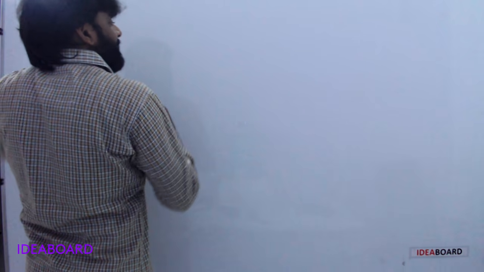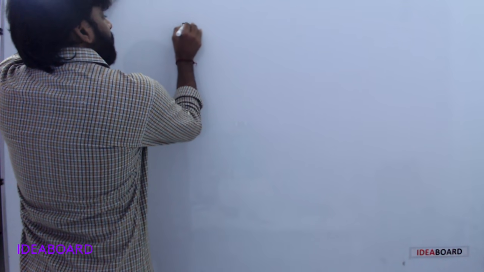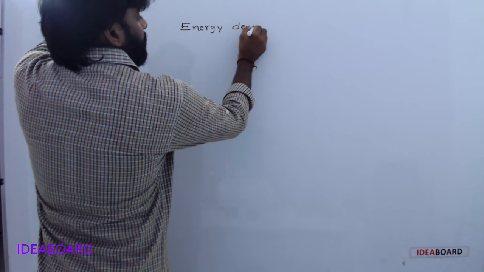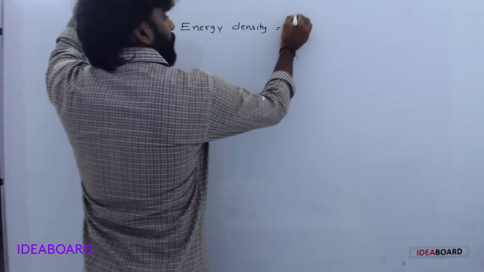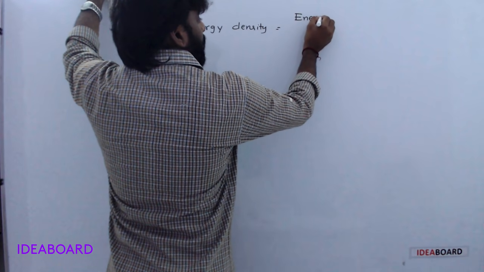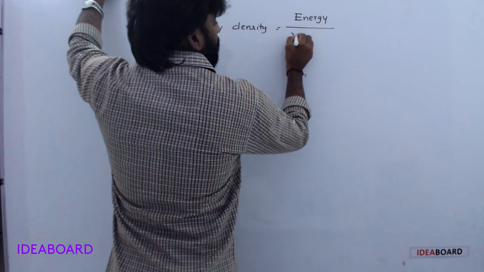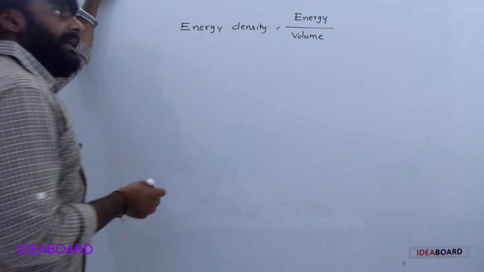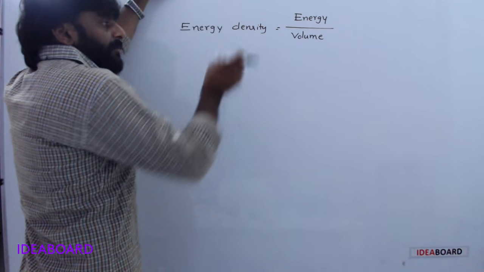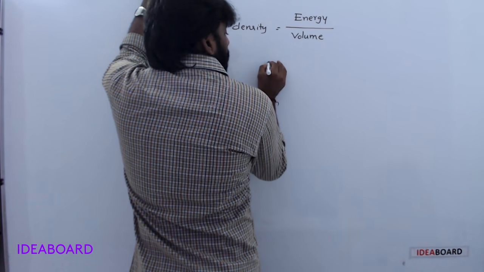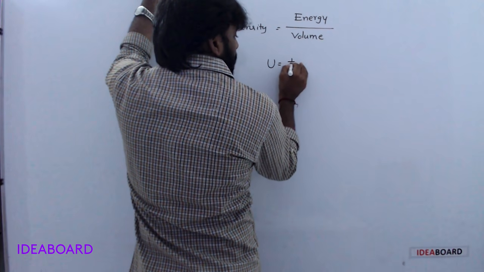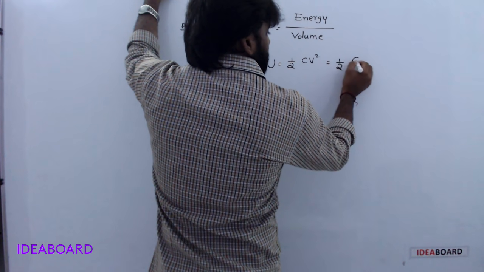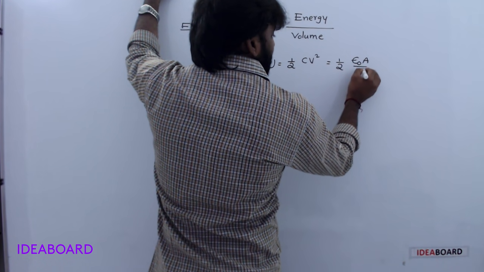Next, energy density. You know, energy per unit volume is called energy density. So for a parallel plate capacitor, energy is equal to what? ½CV². C means ε₀A/d.